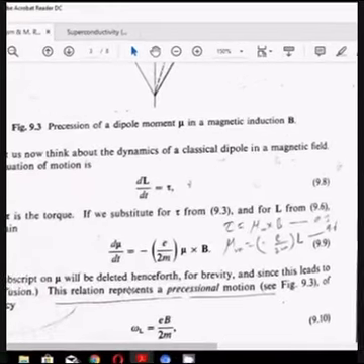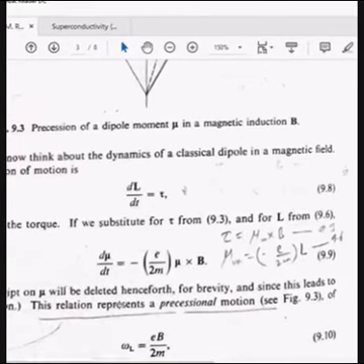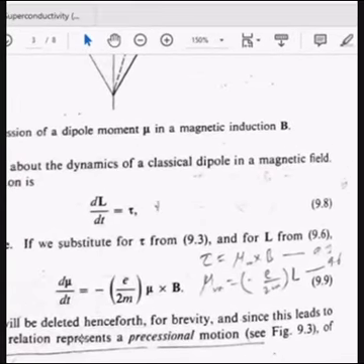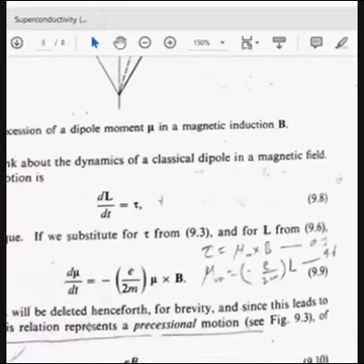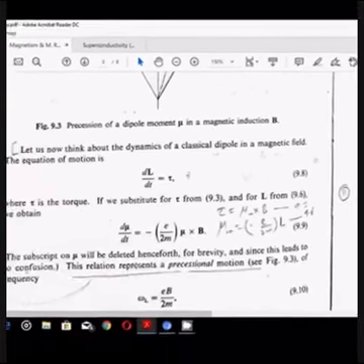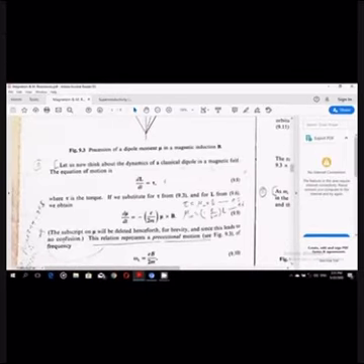And here on one side I have handwritten this derivation. So the derivative of mu is equal to minus e over 2m into mu cross B. The subscript on mu will be deleted henceforth for brevity, and since this leads to no confusion, instead of showing the magnetic dipole moment as mu m, we will now show the magnetic dipole moment as mu.